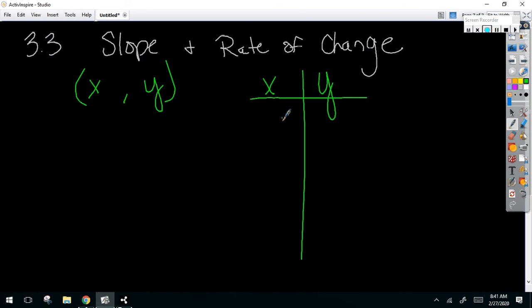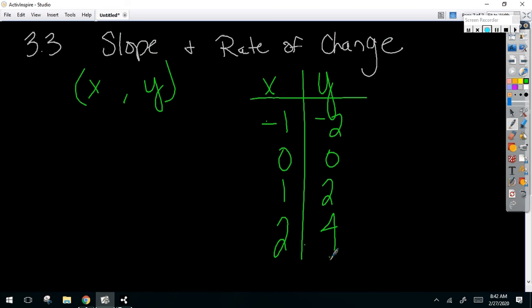Let's say -1, 0, 1, 2. Looking at just the Y's, because I went up by 1 every time on the X's, what do you notice?